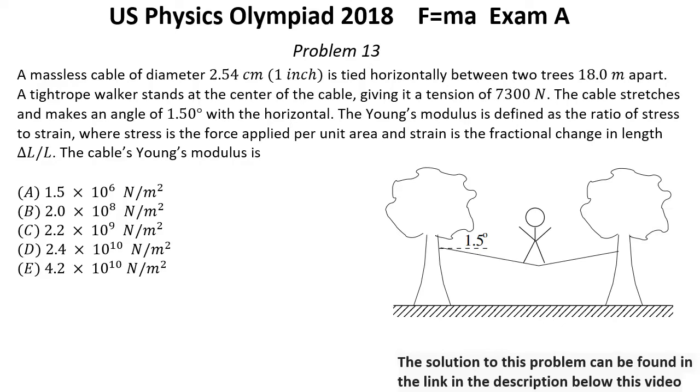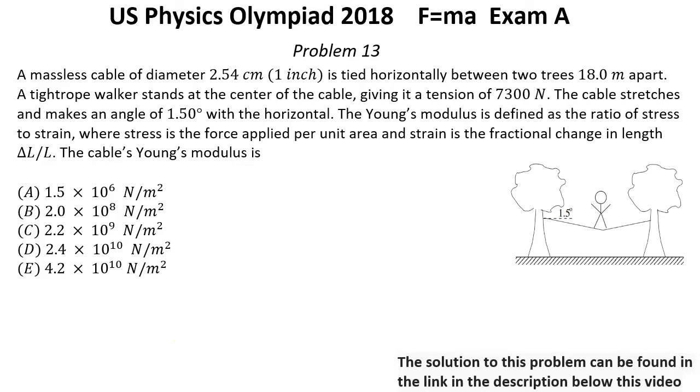The cable stretches and makes an angle of 1.5 degrees with the horizontal. The Young's modulus is defined as the ratio of stress to strain, where stress is the force applied per unit area and the strain is the fractional change in length, dl over l. The cable's Young's modulus is the next one.